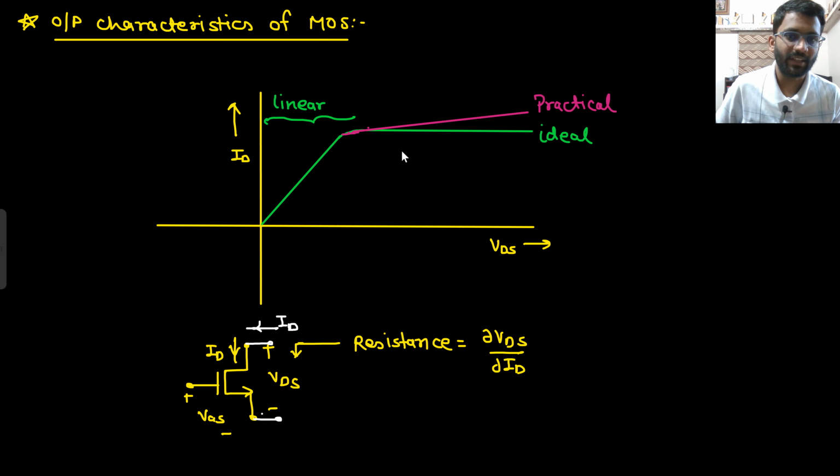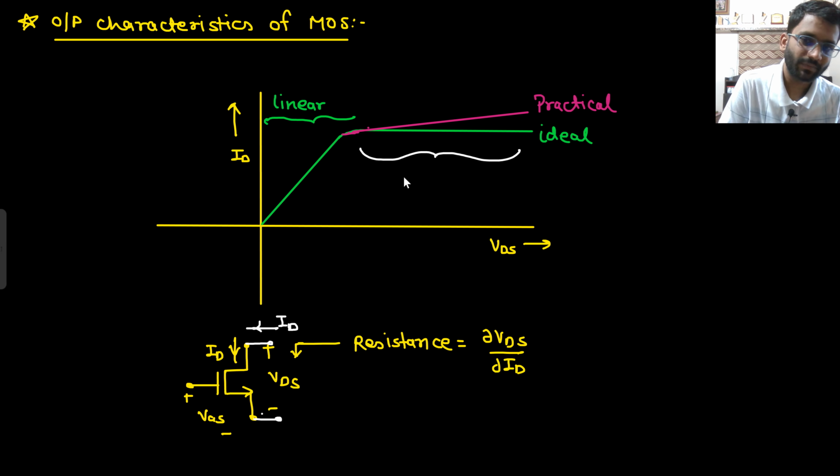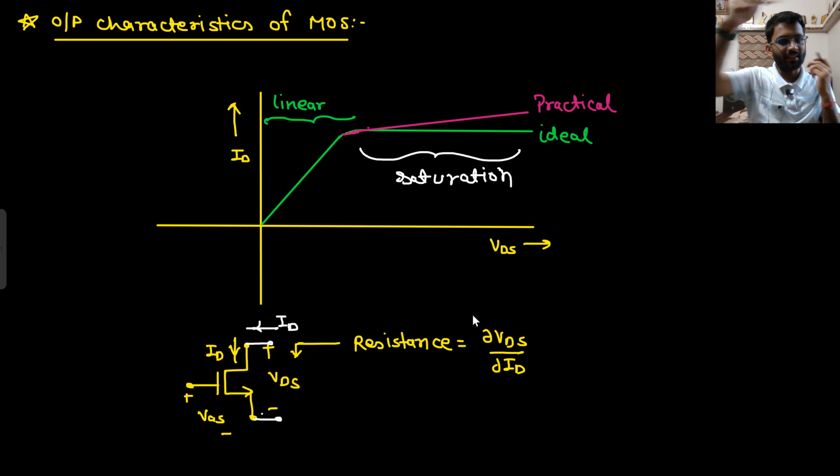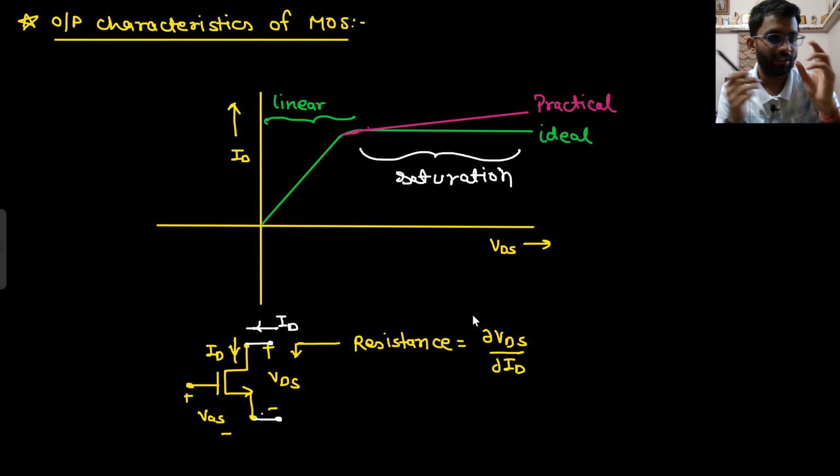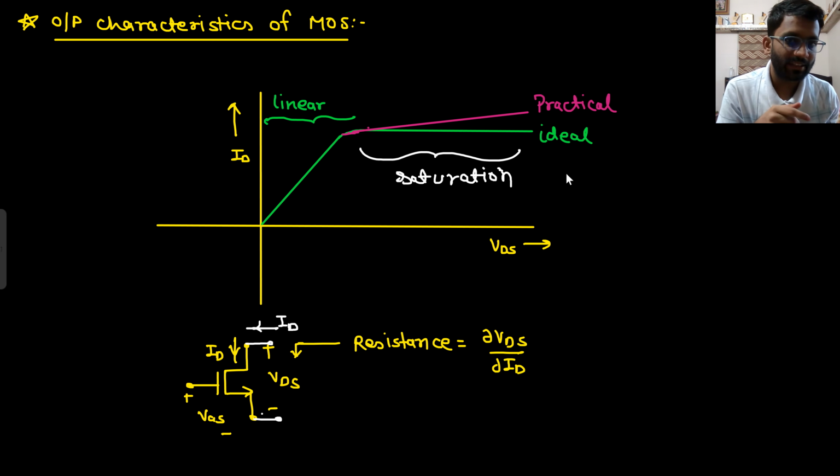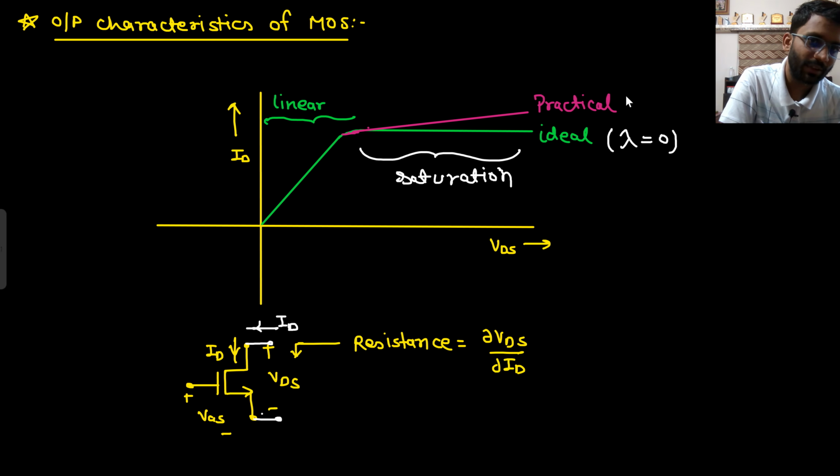And this is the characteristic that we have studied. For linear, it will rise like this, and this one is for saturation. Linear and saturation. And in saturation we studied two things. One is the ideal case, when your channel length parameter lambda is 0, and one is the practical case.